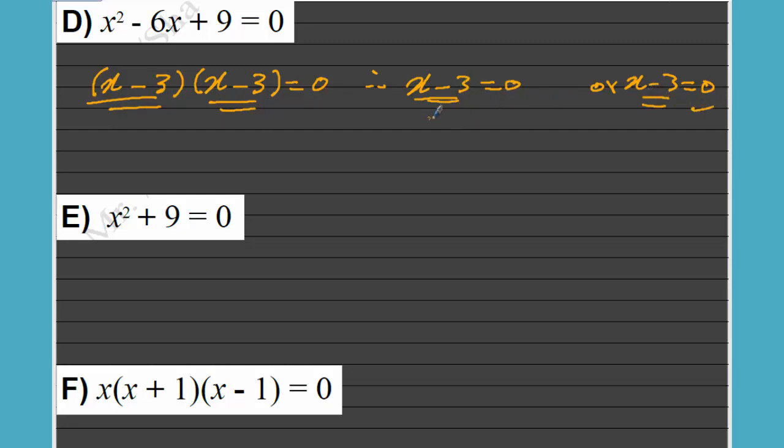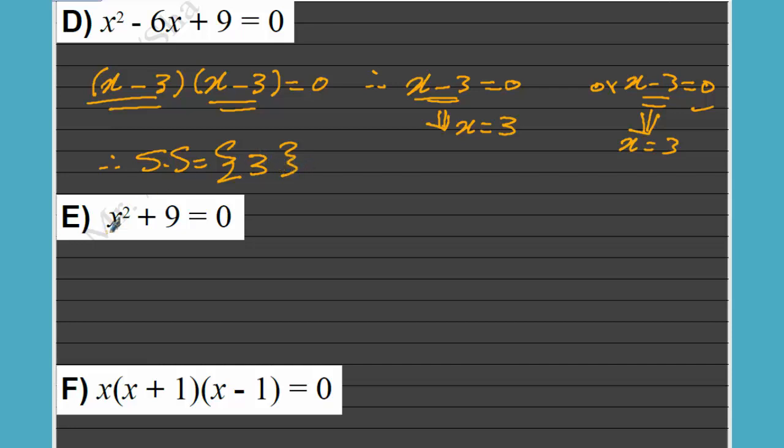From that you can deduce that x = 3, right? And here we also have x = 3. So the solution set equals {3} only, because we cannot repeat any element in the set.